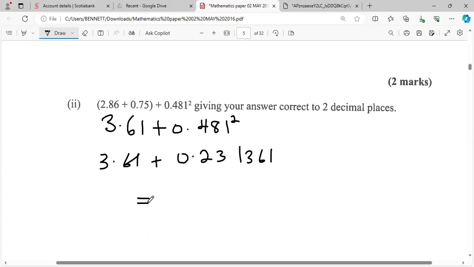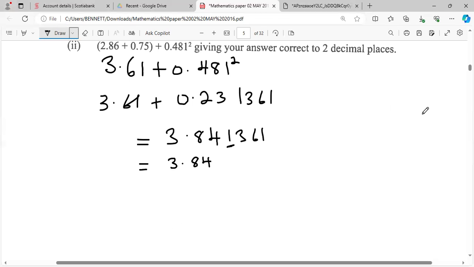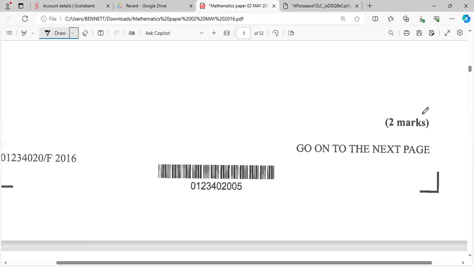Remember, they said 2 decimal places, so we're going to have to round off to 2 decimal places. Now, the real number that we got is 3.84131, and then we round it off. So it will be 3.84. Since 1 is less than 5, we just drop it. Simple as that. So that's 3.84, and that's another 2 marks.